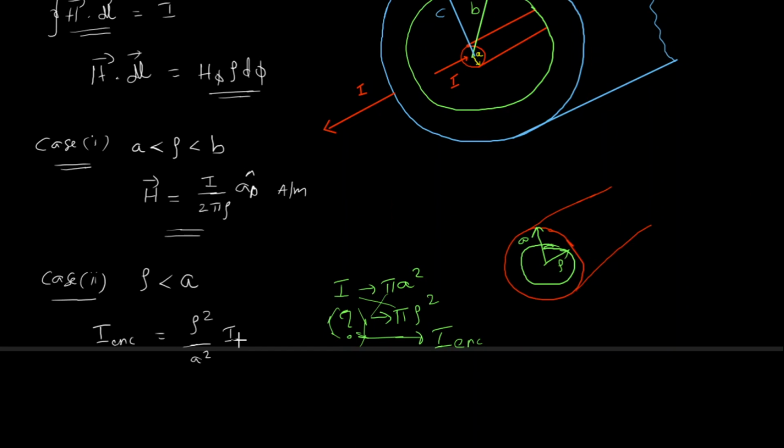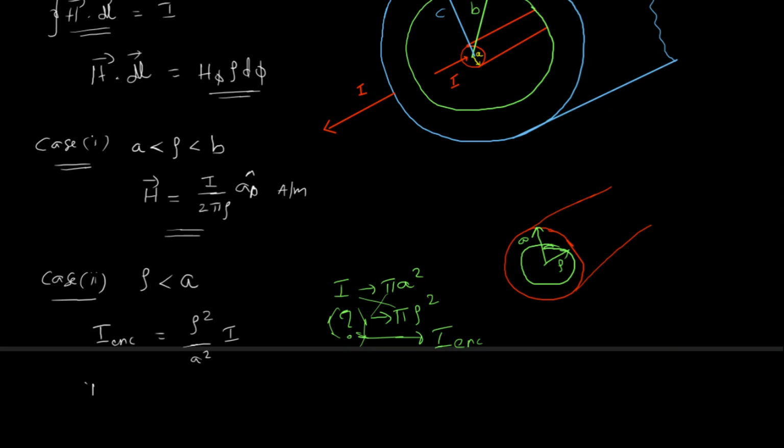We will always keep this equation in mind. The current enclosed I, remember, this I is not the total current I, that I is I enclosed. So I enclosed is the integral of H dot dl, which we evaluated as H phi rho d phi. I'll be using this directly now. So H phi rho d phi is equal to this current. That is the idea.